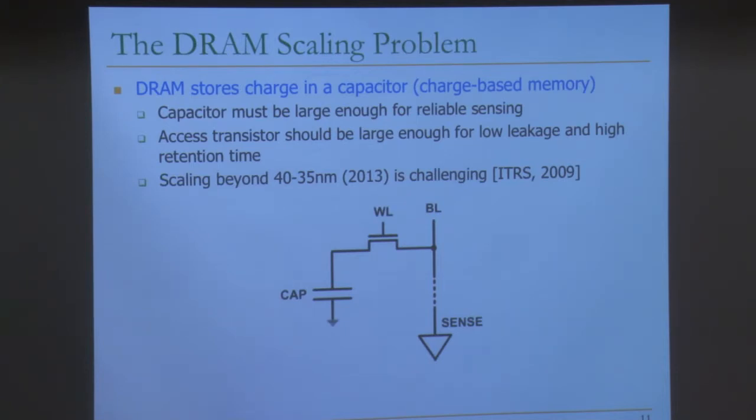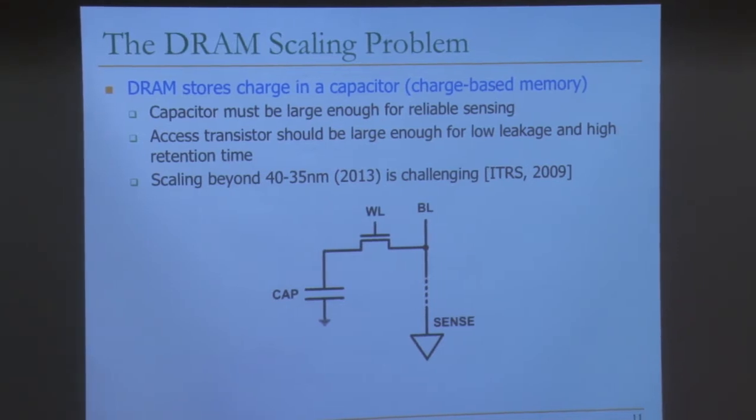So the capacitor that it stores the charge in has to be large enough to allow reliable sensing. If it's too tiny, then maybe the charge will leak out. Or if we try and sense it, it will perturb the signal only very barely, and we can't even sense it correctly with some sort of analog to digital converter, for example. And there's this thing called an access transistor that connects it to certain wires in the system.